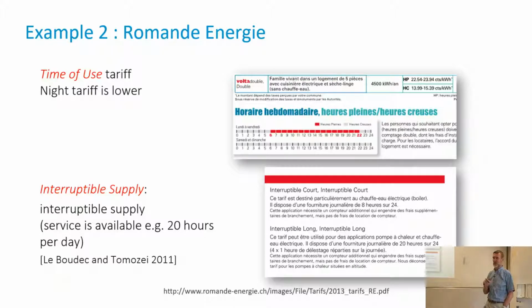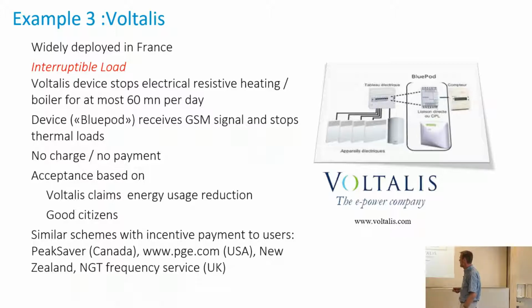So the operator can say, I stop your boiler, for example, or I let it go. That is called interruptible supply, and this is typically done for space heating in the Alps or hot water here. Those are examples where you manipulate directly the load.